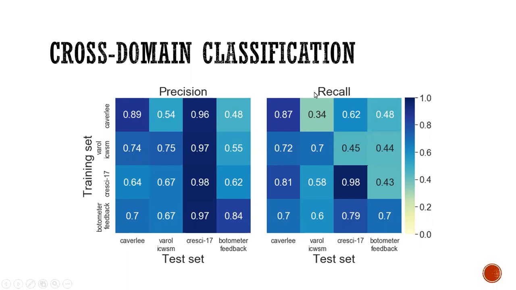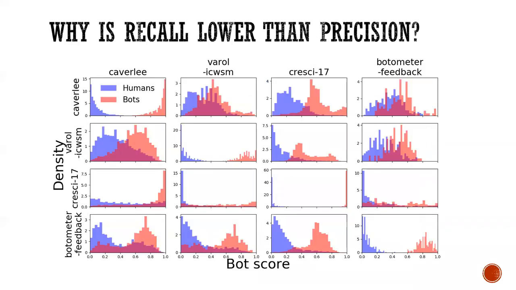And we also see that recall drops more in cross-domain experiments compared to precision. We justify this because we miss identifying new types of bots in the new data set. But for the bots that we can find, and we say that it's a bot, we're probably right.